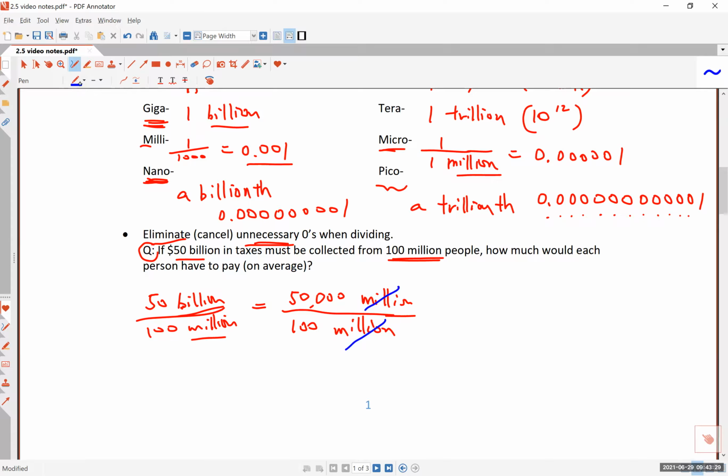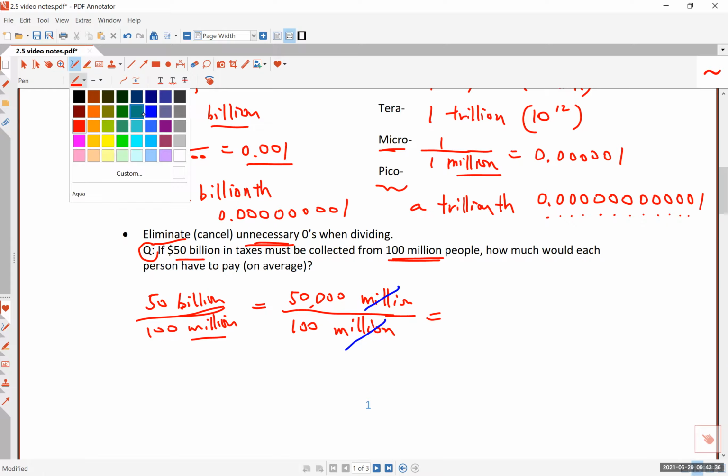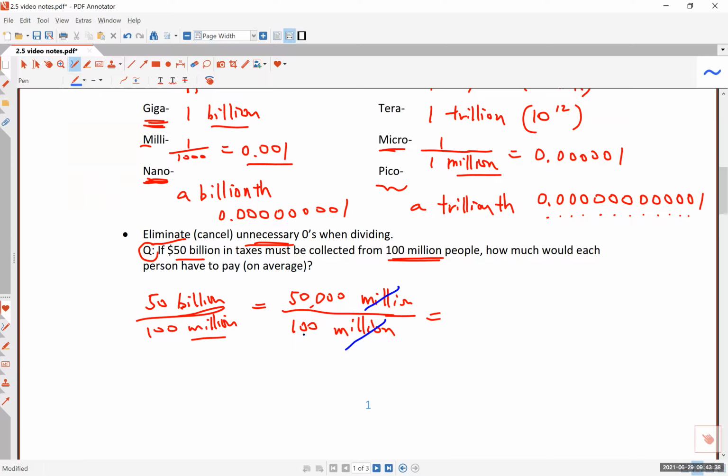You can cancel them. So this really comes down to 50,000 divided by 100. And you can divide both by 100. Basically, you're crossing out 2 extra zeros. Look, this is 500 over 1. You can do this in your head. The answer is $500 per person.